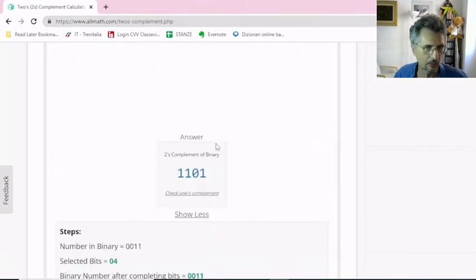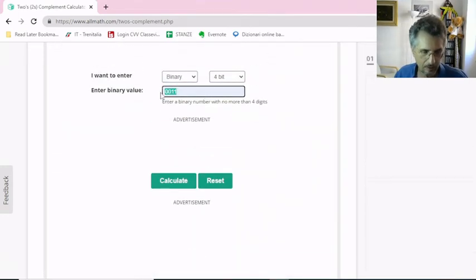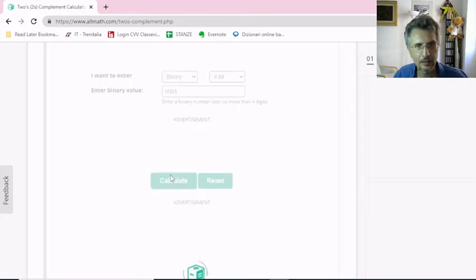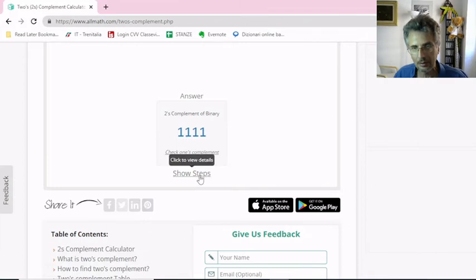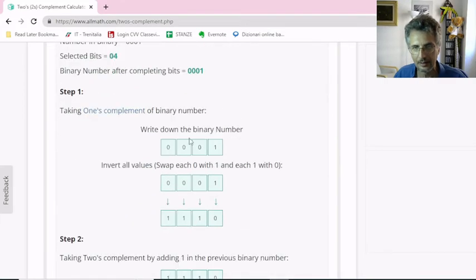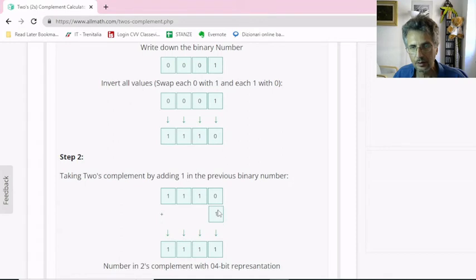For example, we can try another simple example. This is plus 1. If I calculate the 2's complement of plus 1 it is minus 1, and this minus 1 we know is 1111. The steps are: I take 0001, invert all values, so I obtain this number, and then I add 1 to the result.